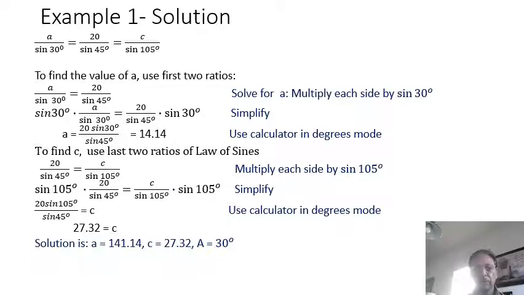To find the value of a, use the first two ratios: a over sine 30 degrees equals 20 over sine 45 degrees.